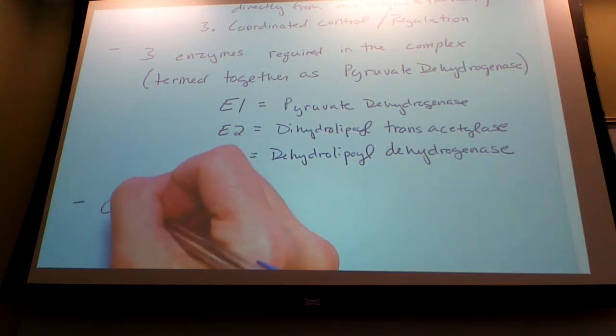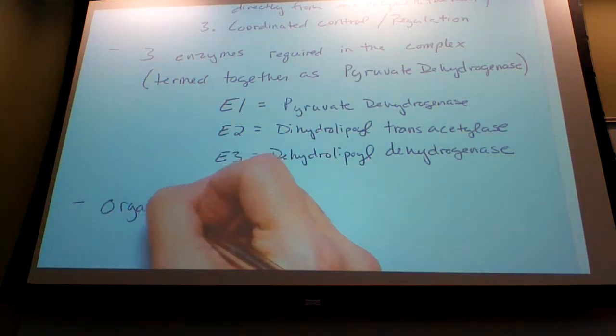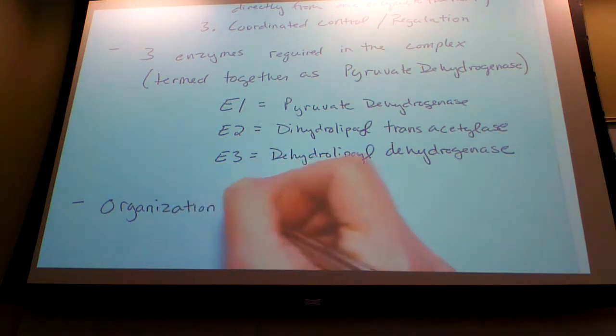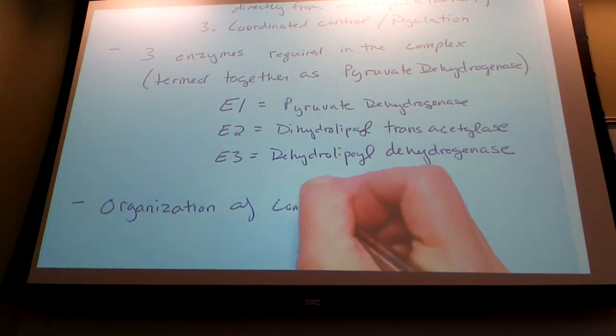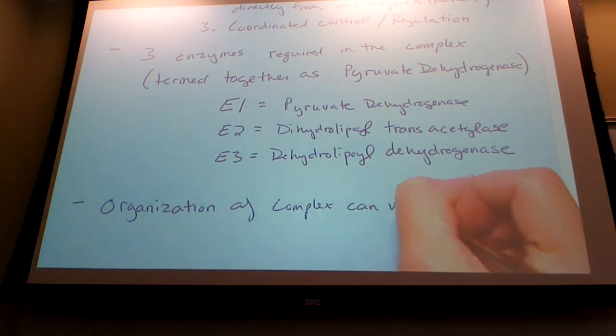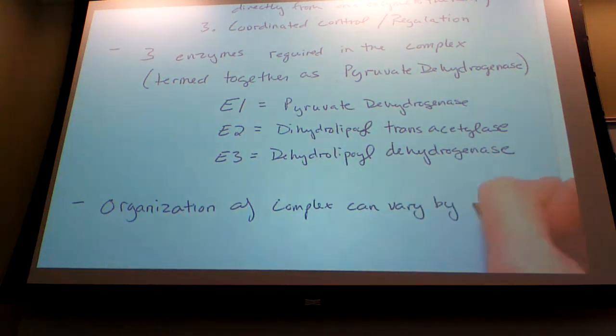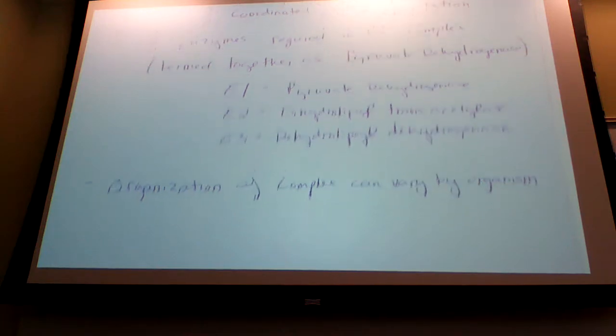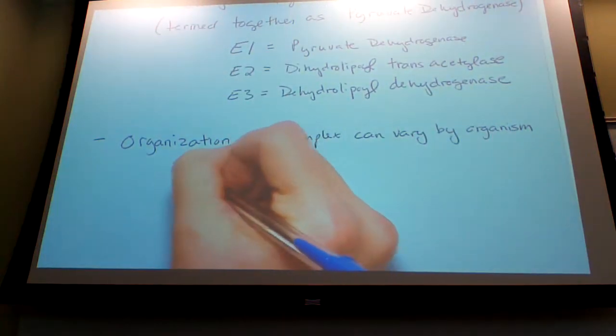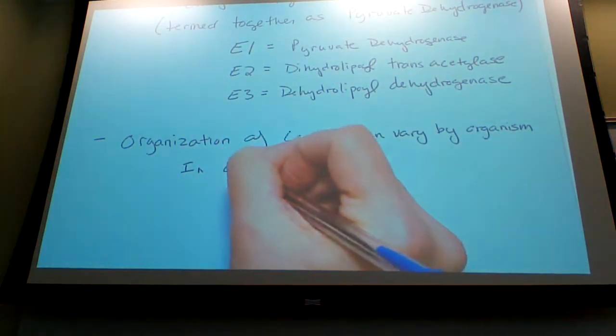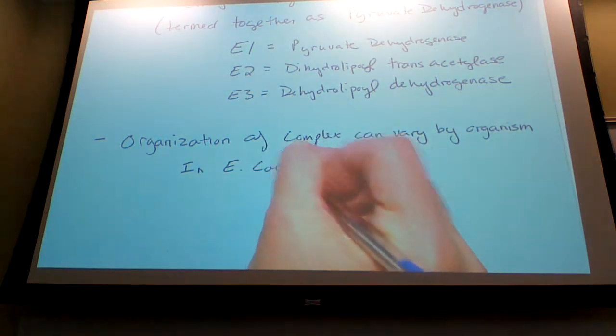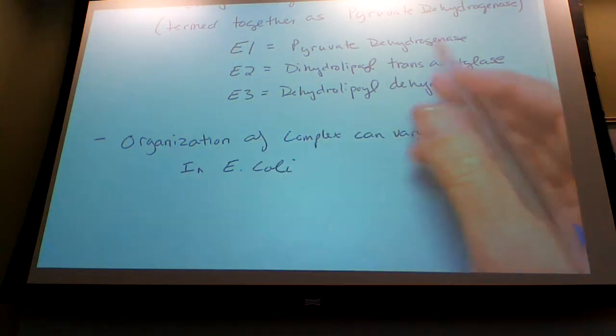So the organization of the complex can vary by organism. But the example in your book is the one I think given for E. coli.